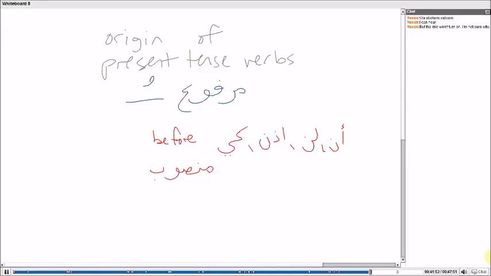If lam, la an-nahw, or in come before it, it makes it majzoom.